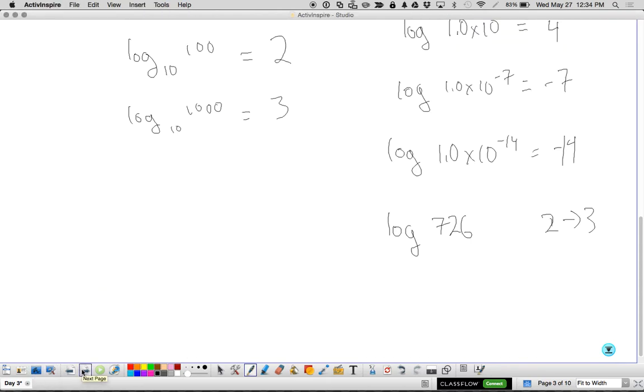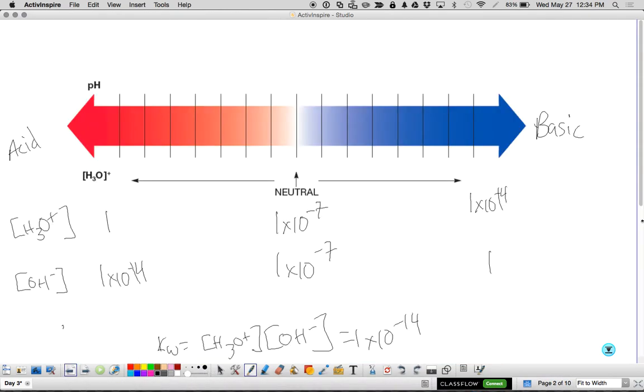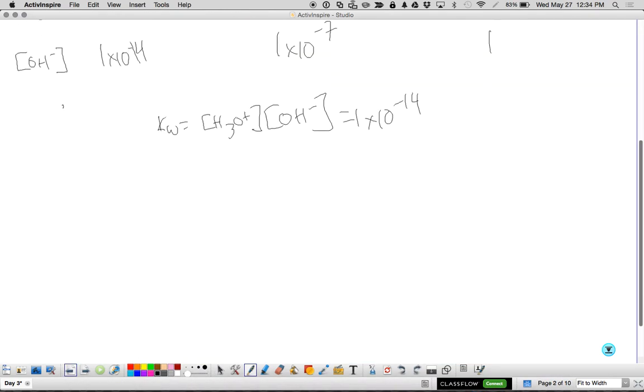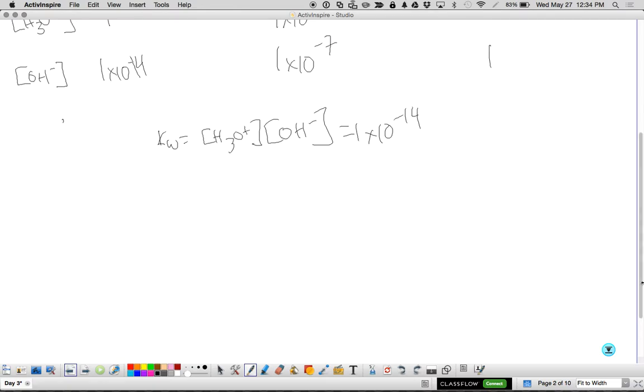So a log scale basically just compresses values, right? Rather, like I said here, rather than going from 100 to 1,000 in a graph, you would go from 2 to 3. Okay? And the log scale that we're going to use a lot in acids and bases is the pH scale.